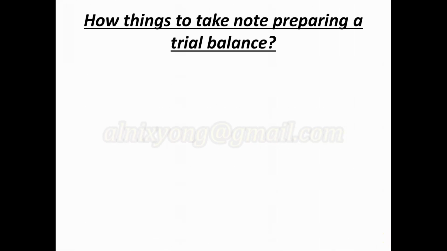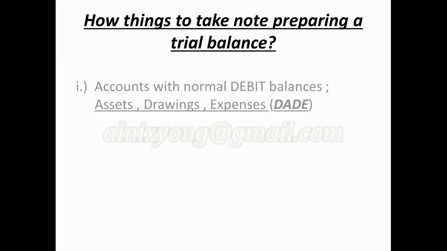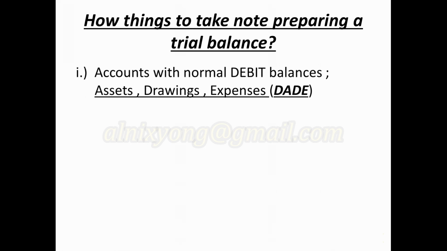Okay. Next, some things to take note of when preparing a trial balance. Number 1, accounts with normal debit balance like assets, drawings, expenses. I form it as DADE. D for debit, A for assets, D for drawing, and E for expenses, so that it is easy to remember.